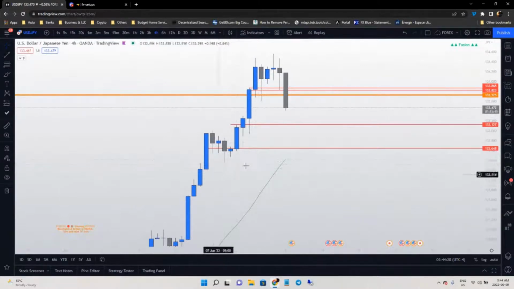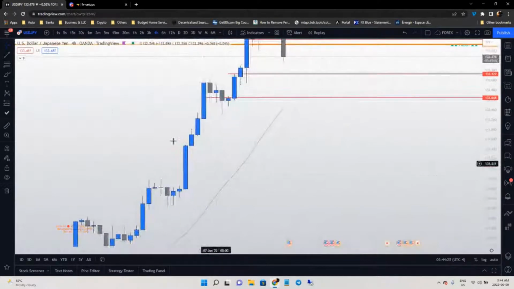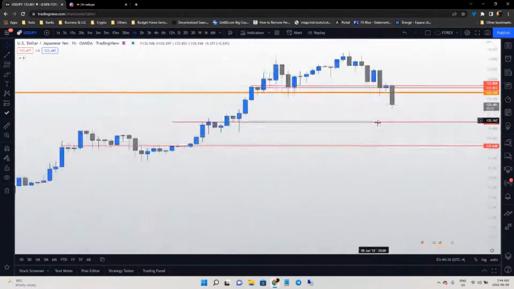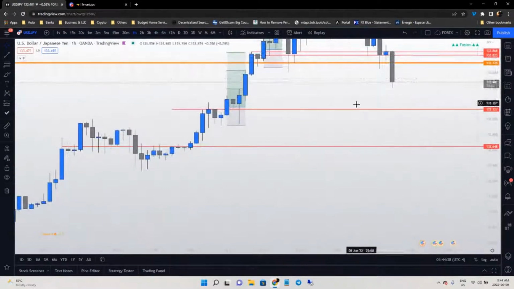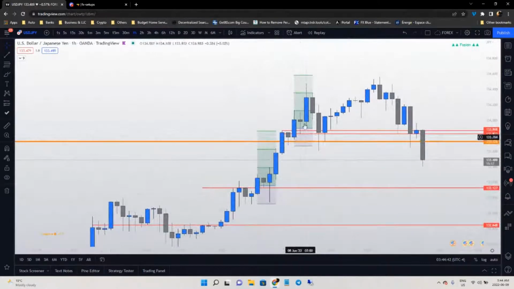So that's the swing high. And here, there's a lot of money there. We'll see how it goes, but if we go back on the H1, those were good setups.